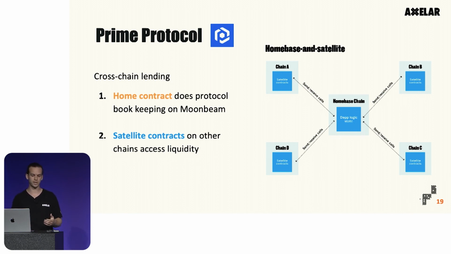And so the way this is working is essentially the assets aren't moving between the chains. We're not having to create one central liquidity pool on the home contract, which is on Moonbeam. What's happening is we're just sending the instructions to the satellite contracts to lock the assets, and then we're doing bookkeeping on the home contract, which creates just one global portfolio, which I can then draw down on.